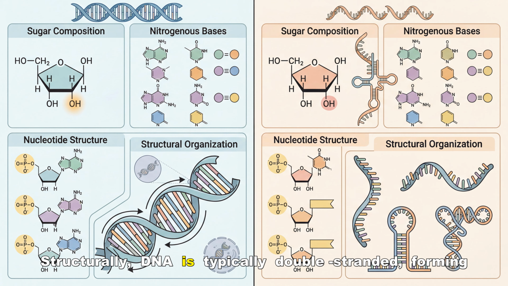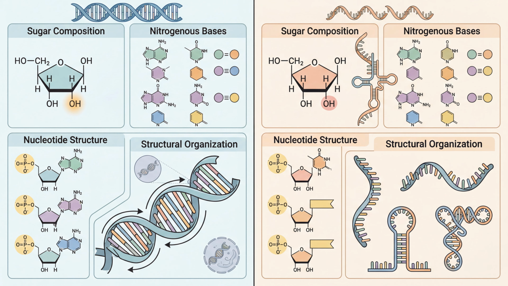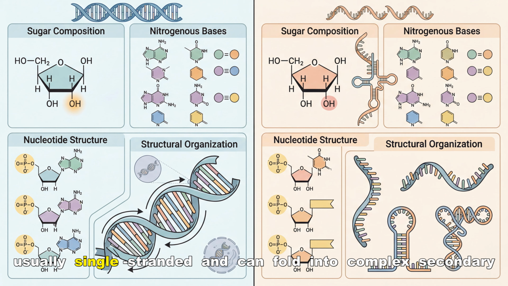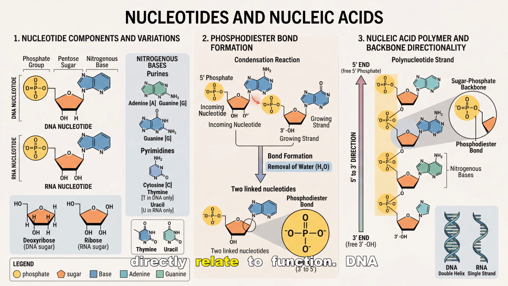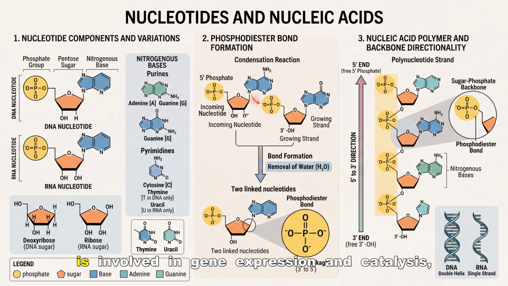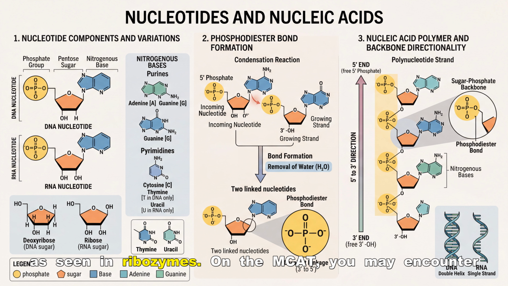Structurally, DNA is typically double-stranded, forming the classic double helix, while RNA is usually single-stranded and can fold into complex secondary structures, like hairpins. These structural differences directly relate to function. DNA stores genetic information, while RNA is involved in gene expression and catalysis, as seen in ribozymes.